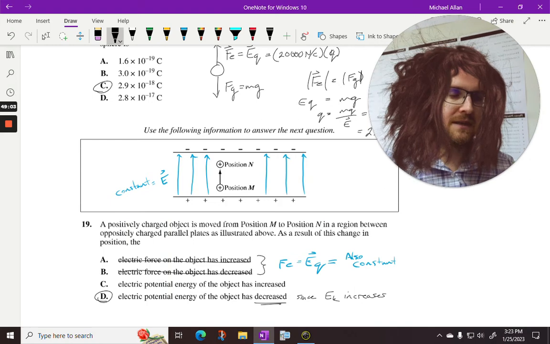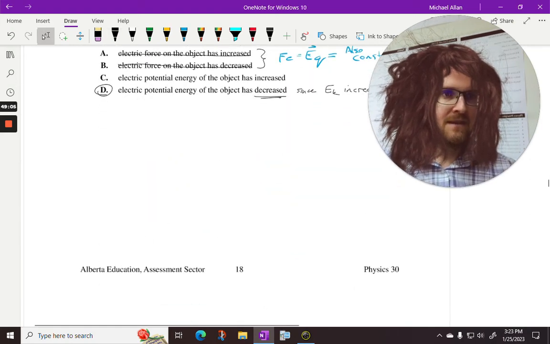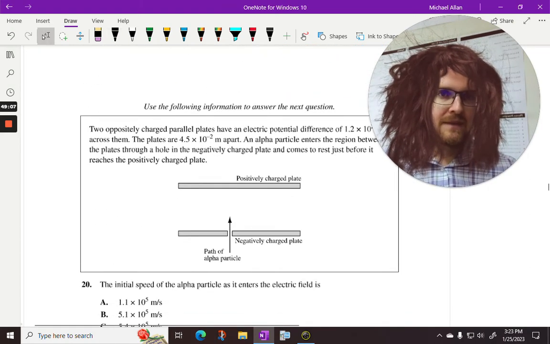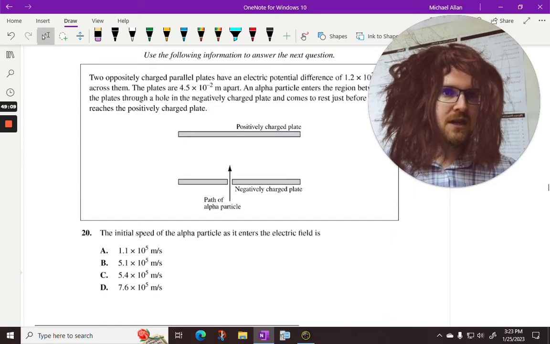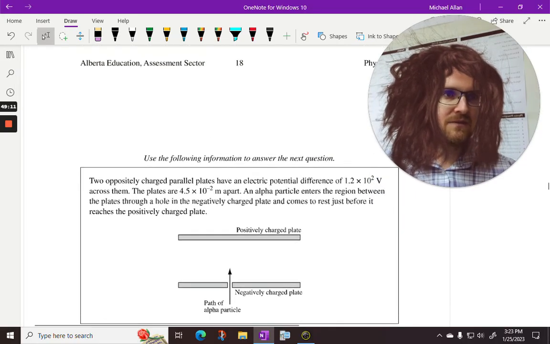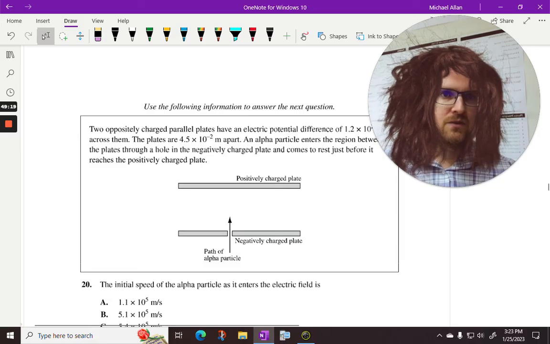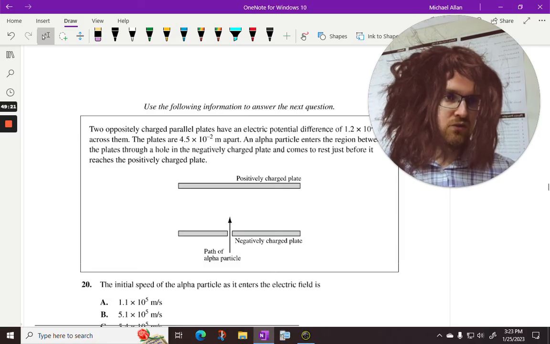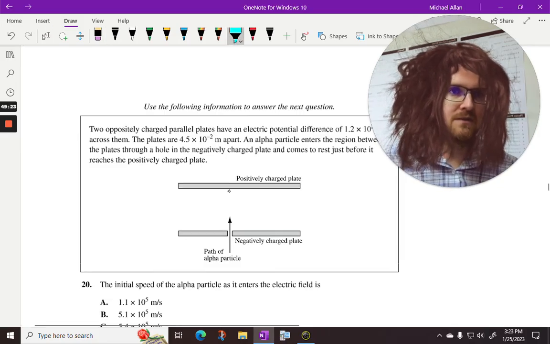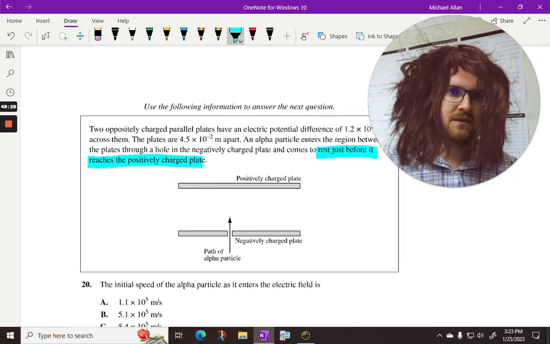I'm just going to put that in there. Okay. We've got two oppositely charged plates that have an electrical potential of 120 volts. They're 4.5 centimeters apart. There's an alpha particle that reaches in there, and it comes to rest just before it reaches the other plate.